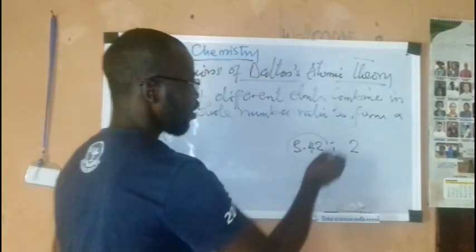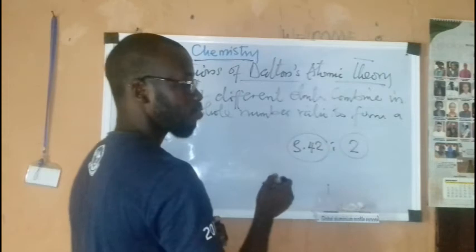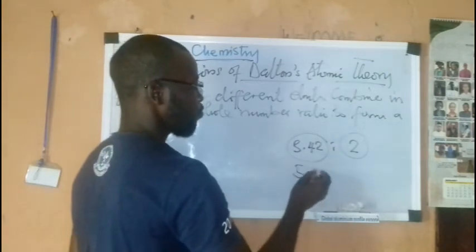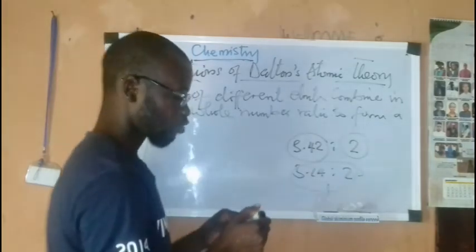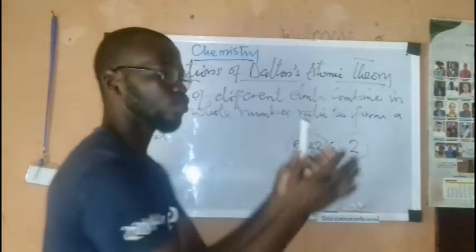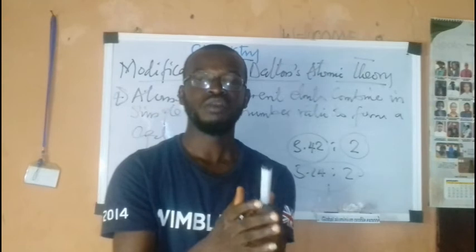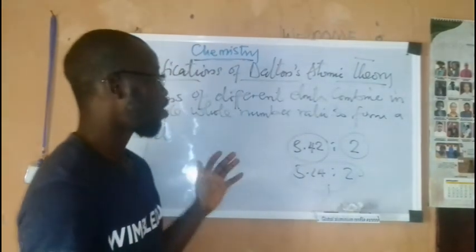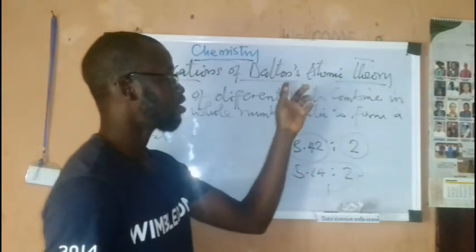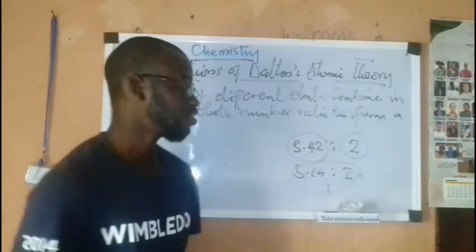This is not a whole number. Sometimes you have 5.14 is to 2 when trying to find the ratio in which the two elements are combined to form a compound. So in organic chemistry, this statement is not totally true.